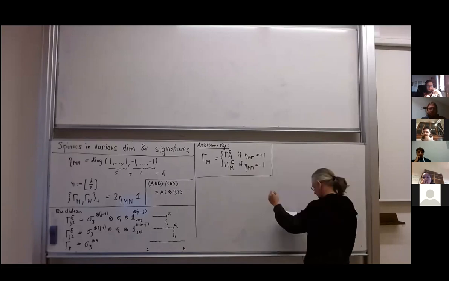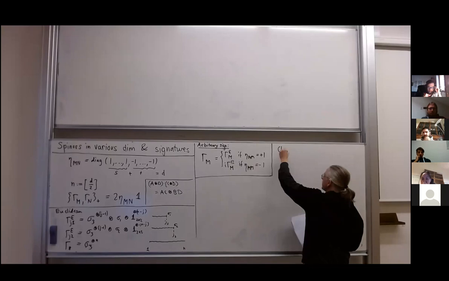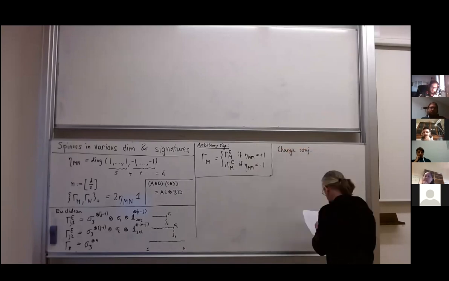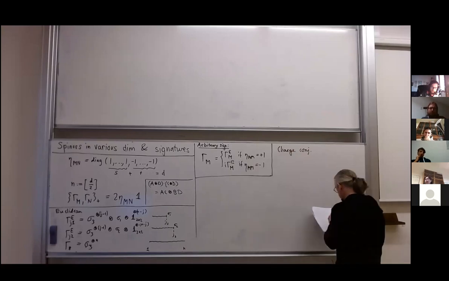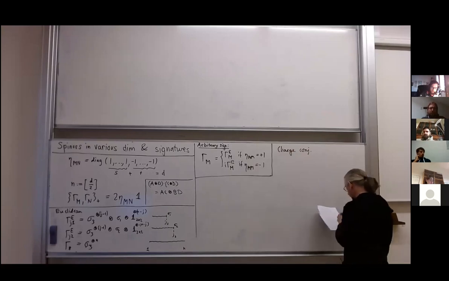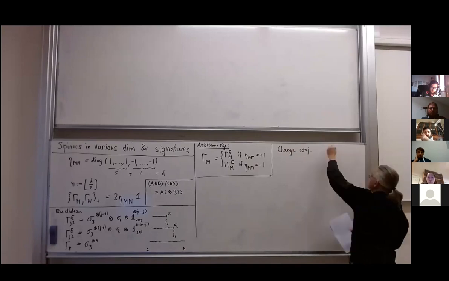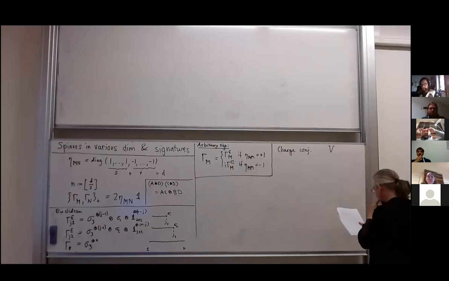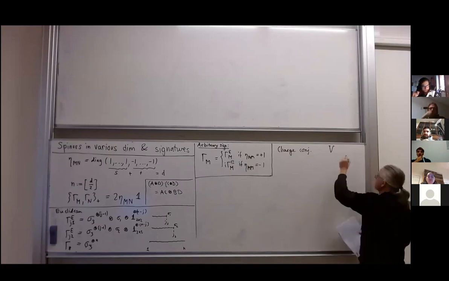So now here V will be some Dirac spinor space.